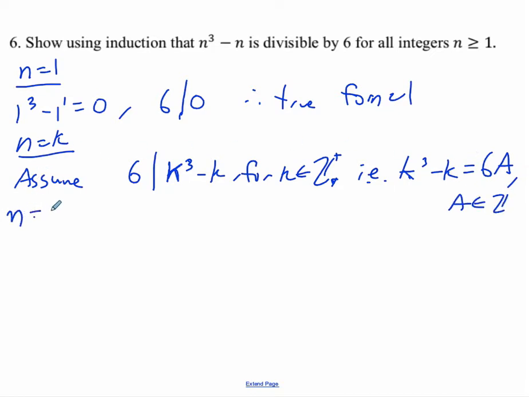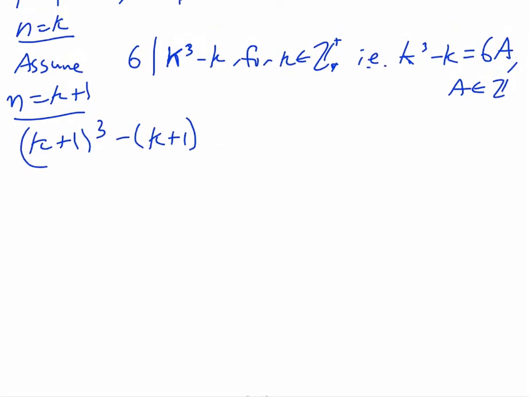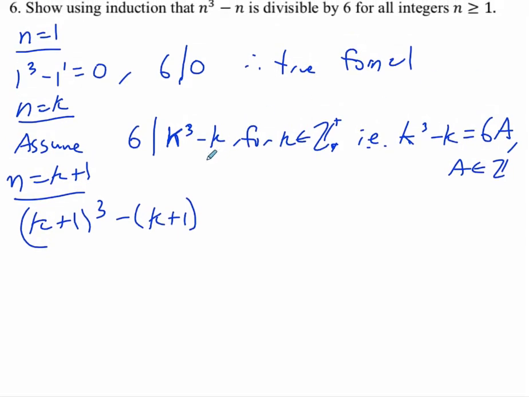Okay, next we go to the n equals k plus 1 case, and so let's plug in k plus 1 cubed minus k plus 1. This is going to be cubic, so we can simplify this. Okay, let's expand this. So we have k cubed plus 3k squared plus 3k plus 1 minus k minus 1.